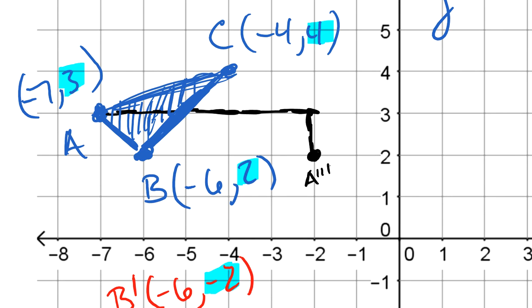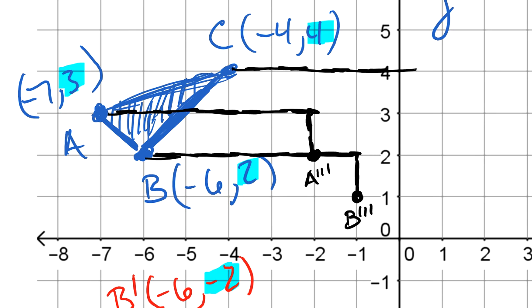Let's do the same thing with B. I'm going to go over 1, 2, 3, 4, 5, and then down 1. And when I go down 1 right there, I'm now at my new B, and this is B triple prime. And then the same thing with C. I'm going to go over 1, 2, 3, 4, 5, and then down 1. And I am ending up right here at C triple prime.